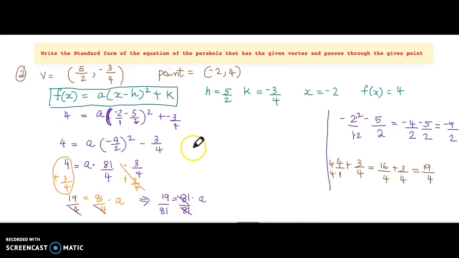So our final answer is going to look like this. In this equation, we're going to substitute for everything except for x and f of x. That's how we write the final answer.